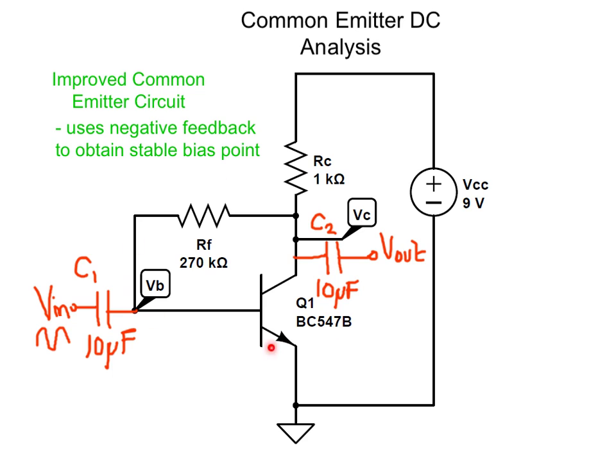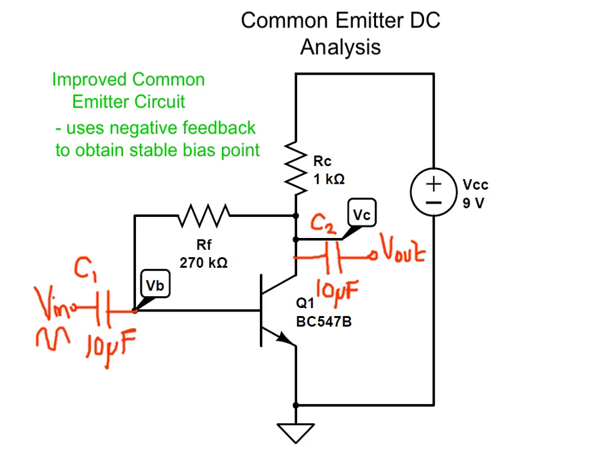Normally when we use this circuit as an amplifier, we would have two DC blocking capacitors at the input and the output. I have renamed the base resistor from RB to RF, F standing for feedback.